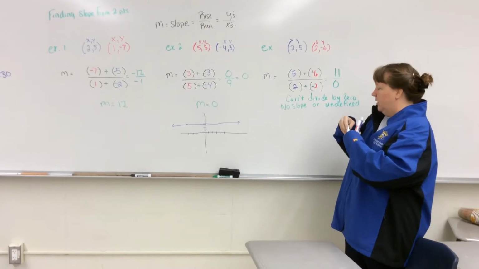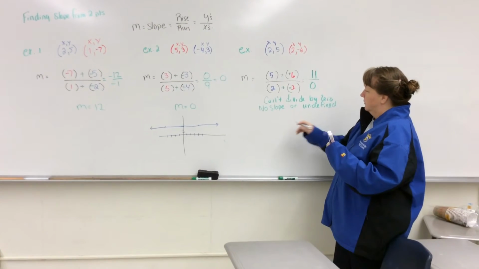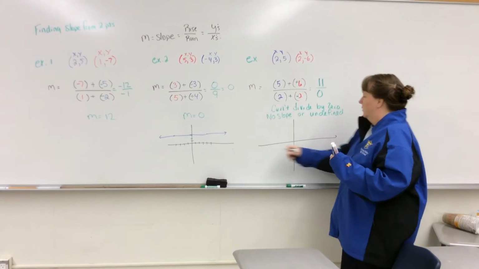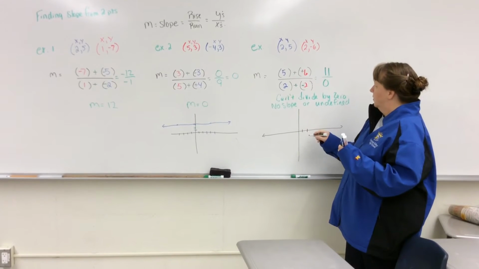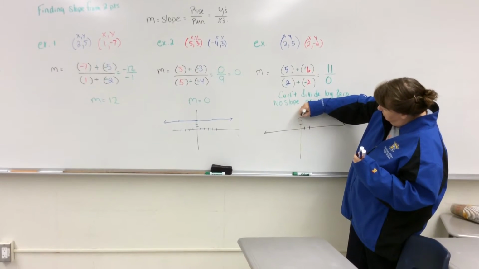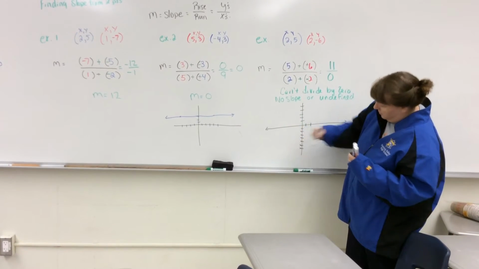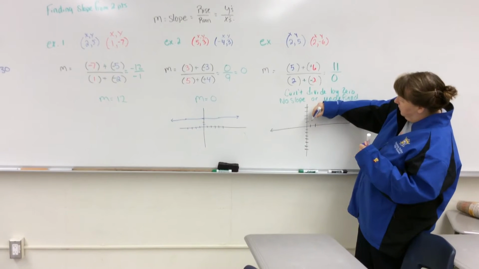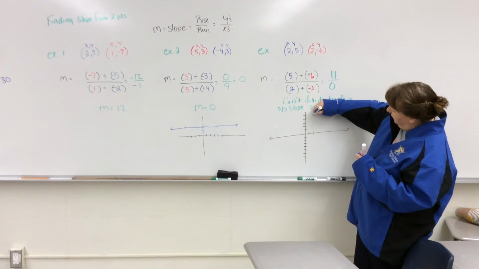So let's see what this graph would have looked like. Let me go ahead and grab the black pen again. Okay, so 2, 5, 1, 2, 3, 4, 5 would be right here.